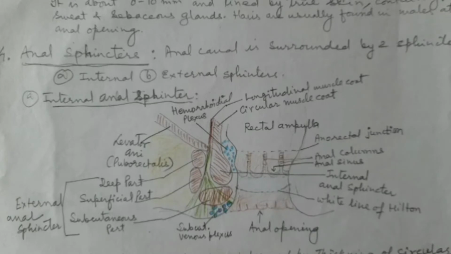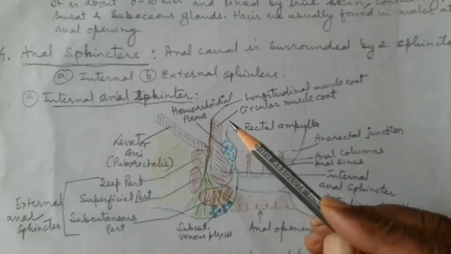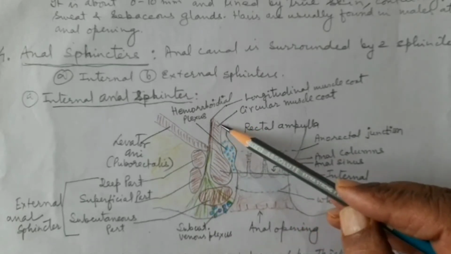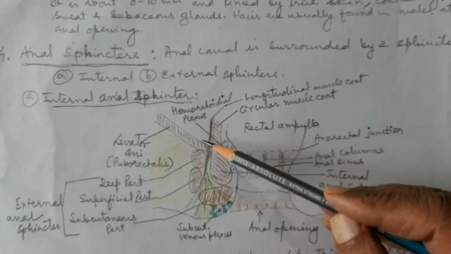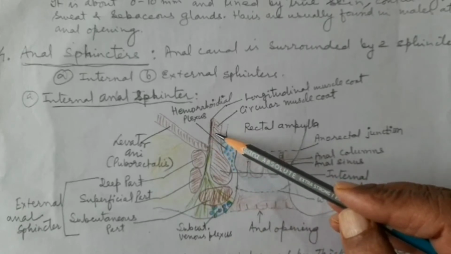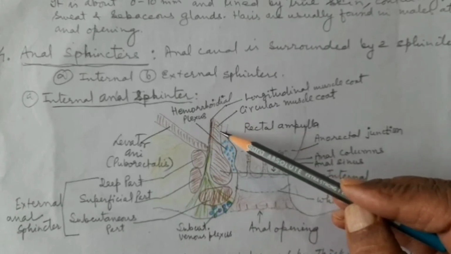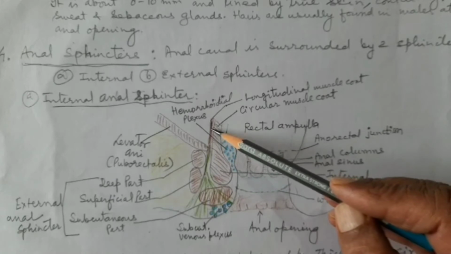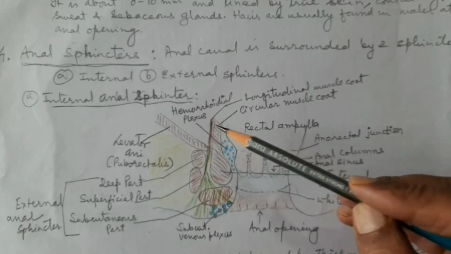Now the internal sphincter is made up of the circular muscle coat. It is just a thickening of the circular muscle coat. Let us see here, the rectum, like any other part of the small or large intestine, is surrounded by an inner circular muscle coat and an outer longitudinal muscle coat, which are made up of smooth muscle.